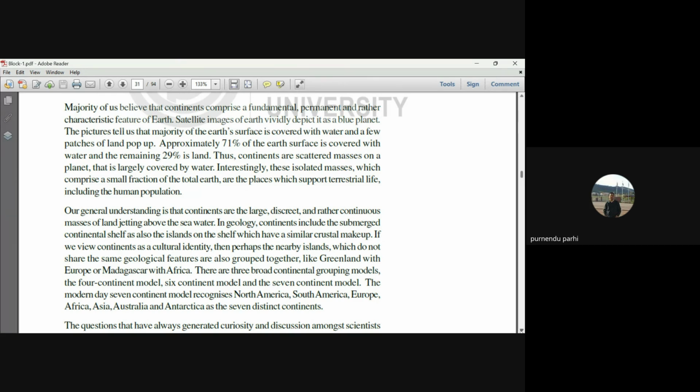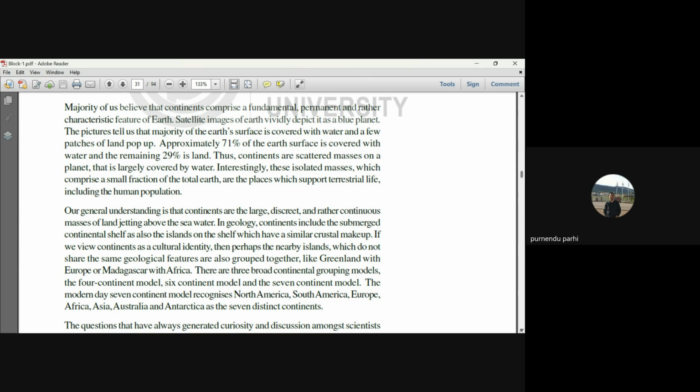If we view continent as a cultural identity, then perhaps the nearby islands, which do not share the same geological features, are also grouped together, like Greenland with Europe or Madagascar with Africa. There are three broad continental grouping models: the four continent model, the six continent model, and the seven continent model.